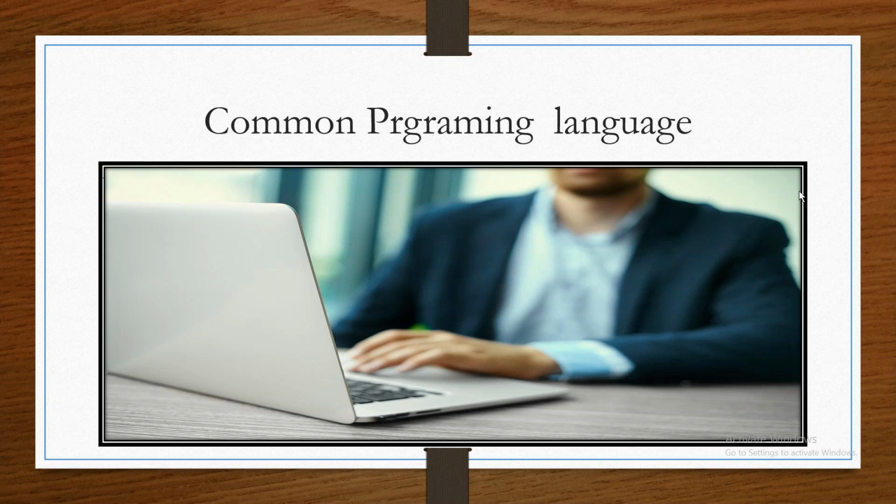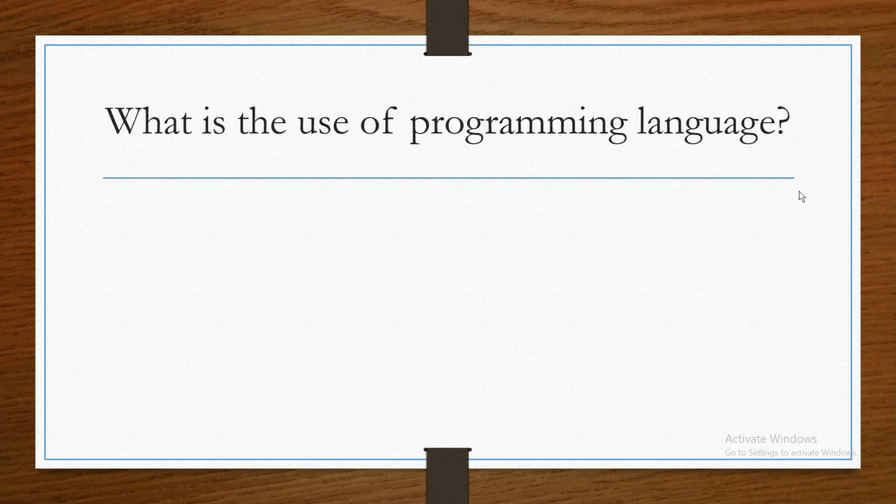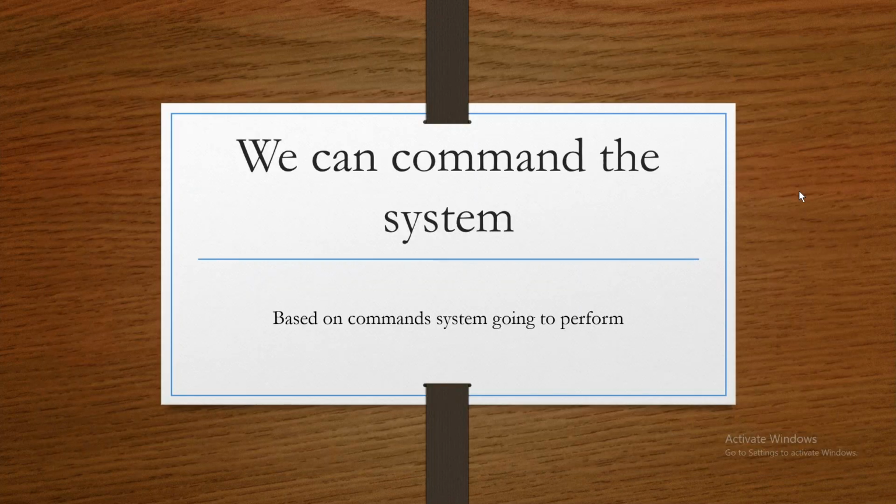You give the commands in the system understanding language, which we call a programming language. We have different programming languages: Java, C#, Python, Ruby. There are a number of programming languages, and among them we are learning Java, right?